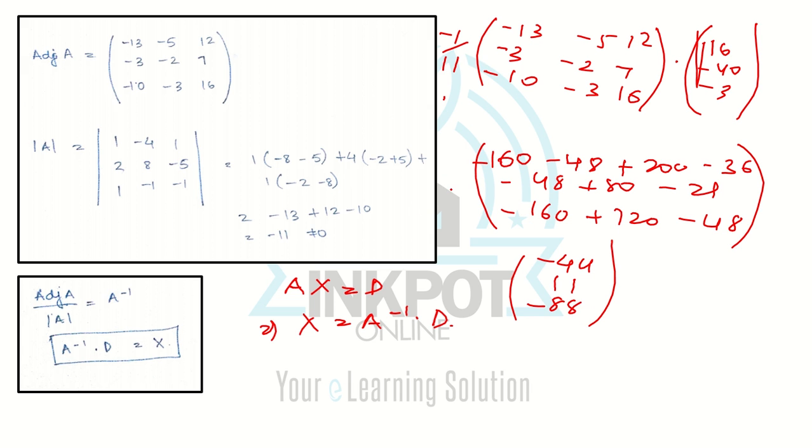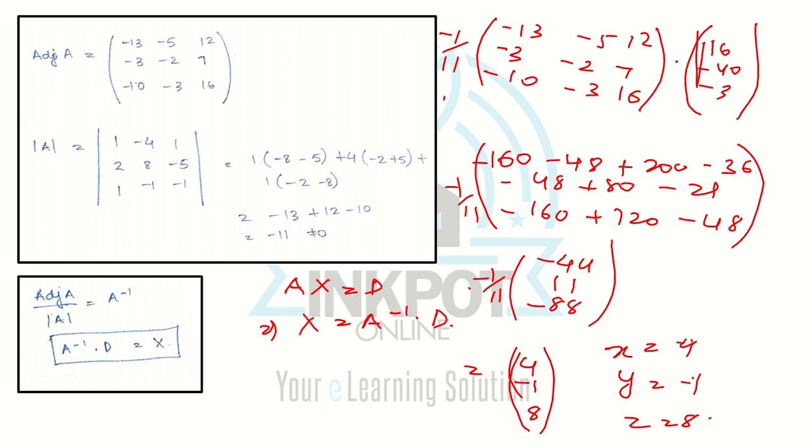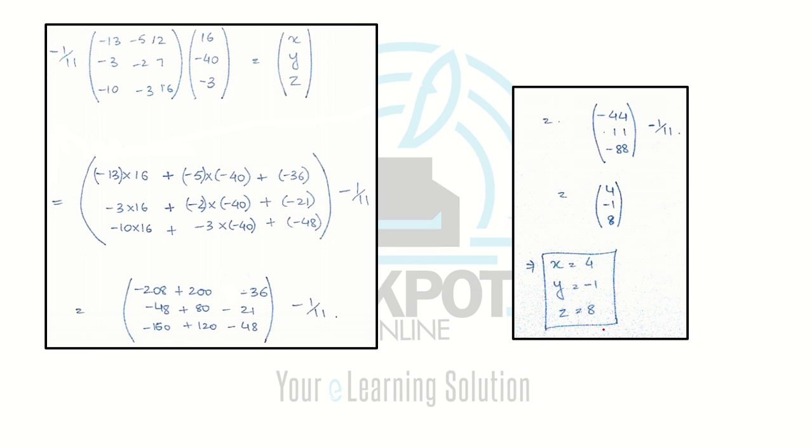And obviously you have minus 1 upon 11 right here. So this is just going to be equal to plus 4, minus 1, and plus 8. So x, y, and z are respectively x equals 4, y equals minus 1, and z equals 8. And this is how you would calculate it using the matrix inverse method.